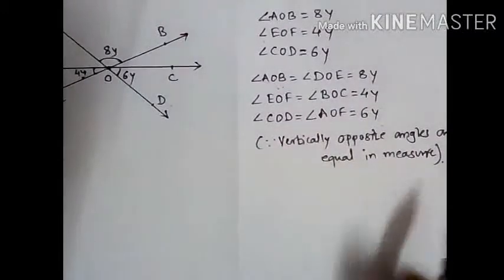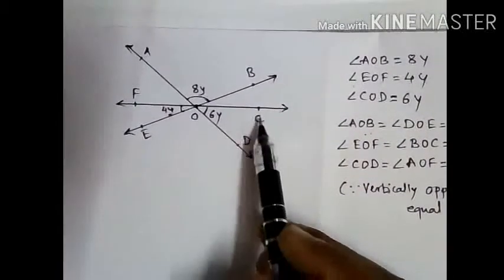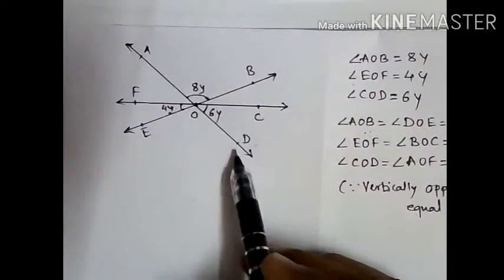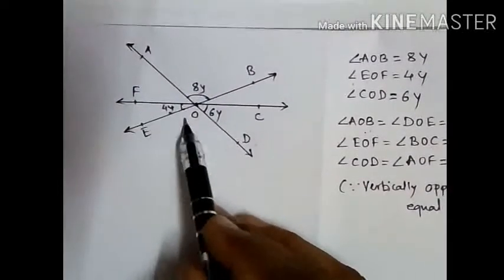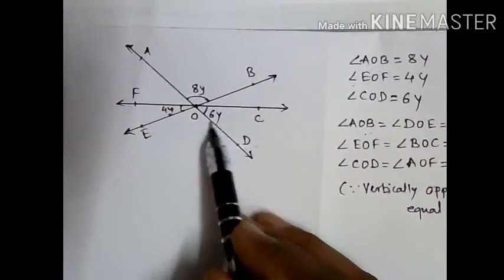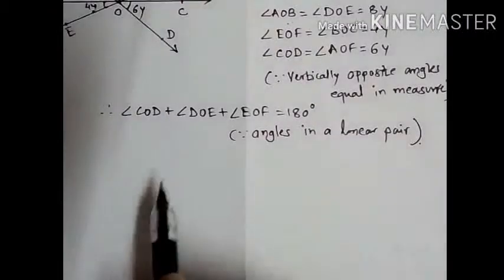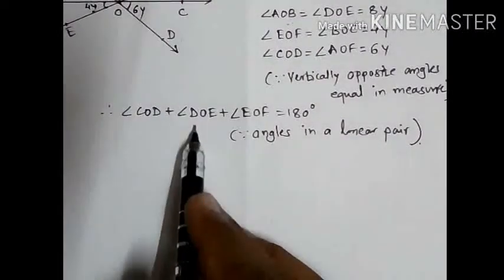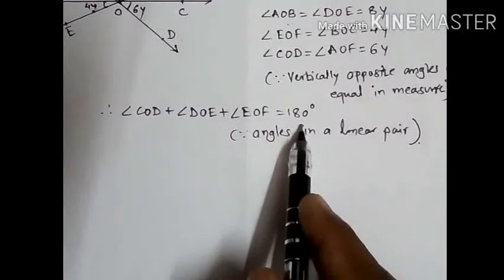Now, in the figure, these 3 angles, that is angle COD plus angle DOE plus angle EOF, are in a linear pair. Therefore their sum is 180 degrees. Therefore angle COD plus angle DOE plus angle EOF is equal to 180 degrees.